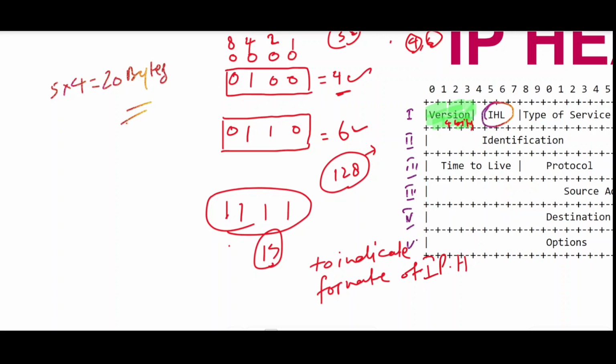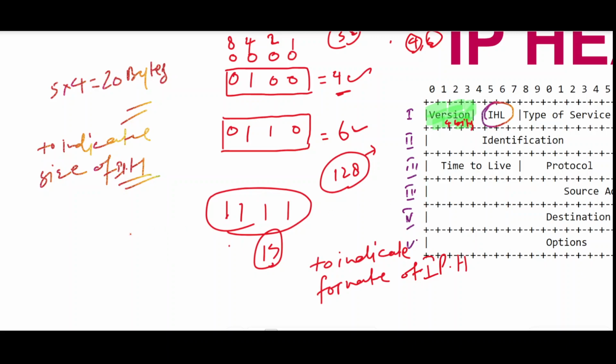This is the header length. It indicates the size of the IP header in 32-bit words. Which header? IP header. Clear? So this is only an indication.